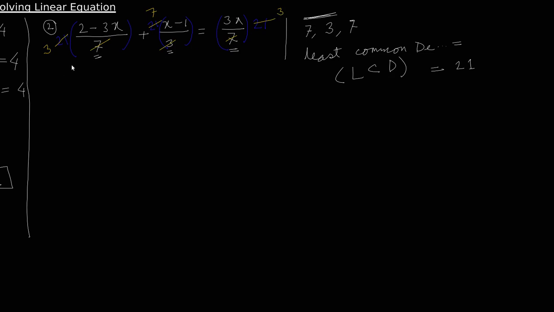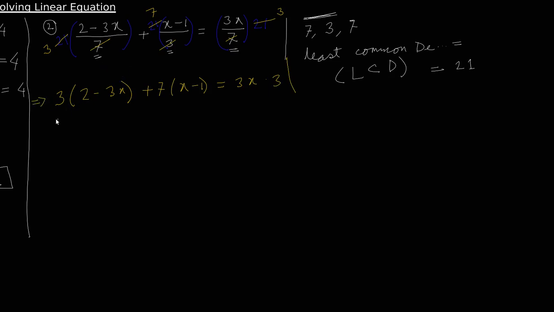If I write it down, I have 3 times (2 minus 3x) plus 7 times (x minus 1) equals 3x multiplied by 3. Now this equation becomes very simple, with no denominator.